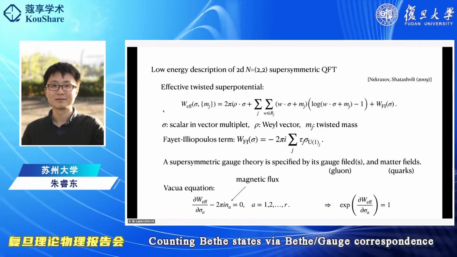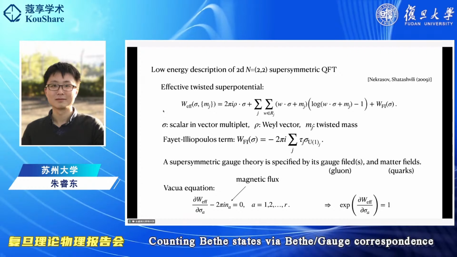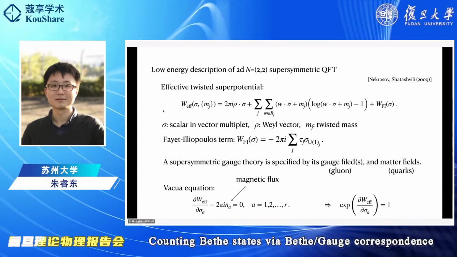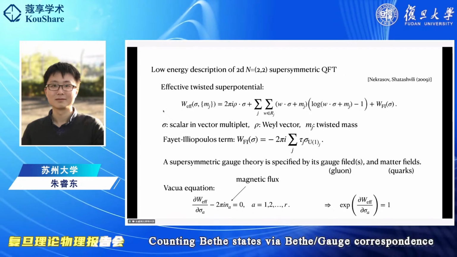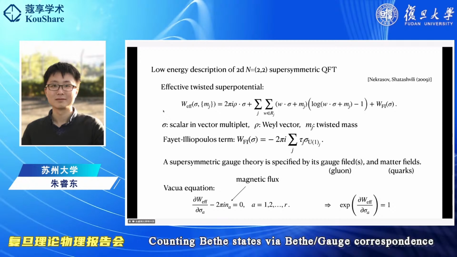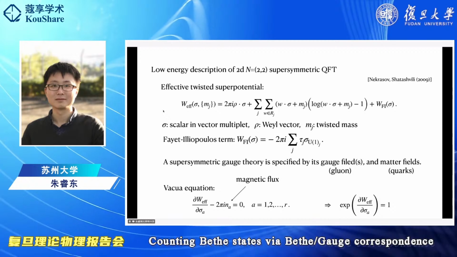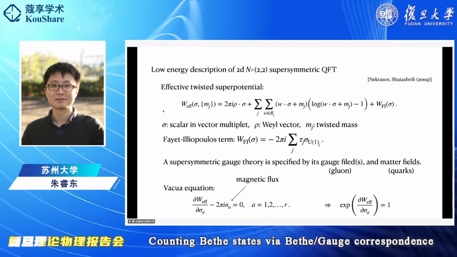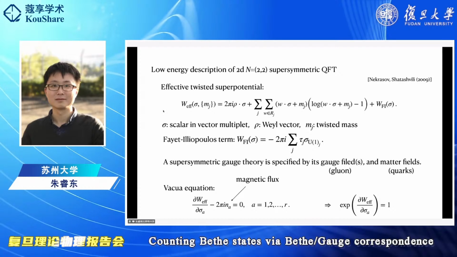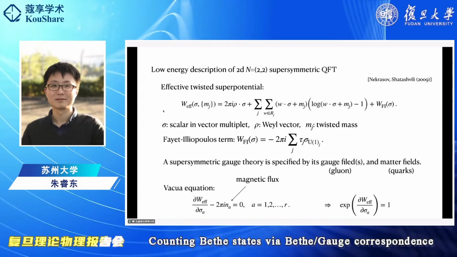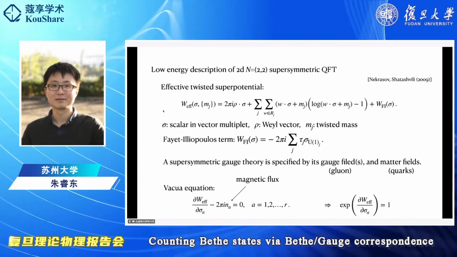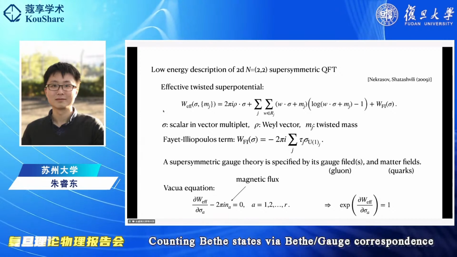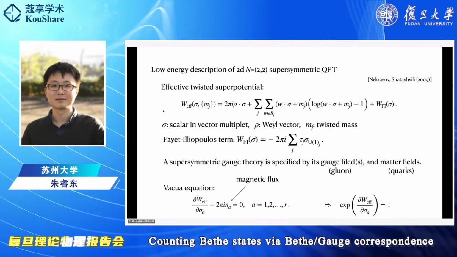Corresponding to that, we can have a linear combination of sigmas, a lot of sigmas summing up together, to give this field. And tau_j is a coupling, called the FI parameter. Whenever we have a U(1) gauge group, we can add this coupling.